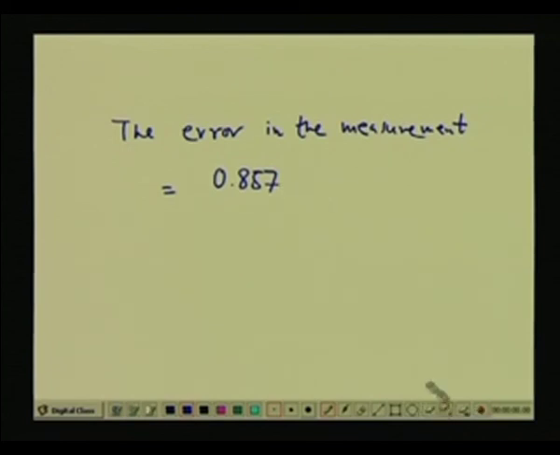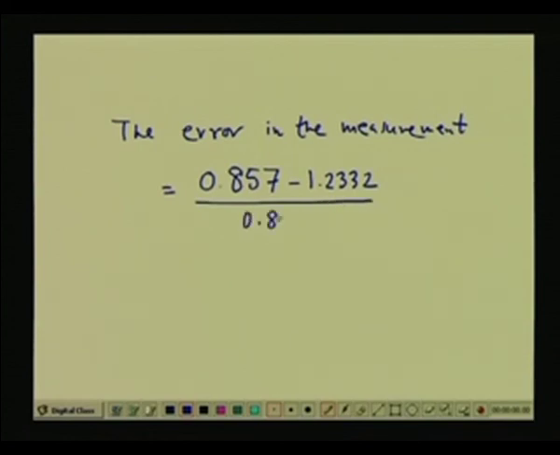So, therefore, the error in the measurement is 0.857 minus 1.2332 upon 0.857 into 100%, which is giving an error of 43.9%.